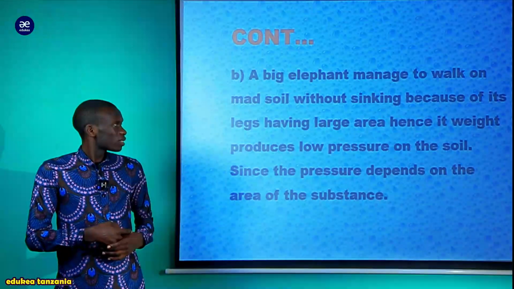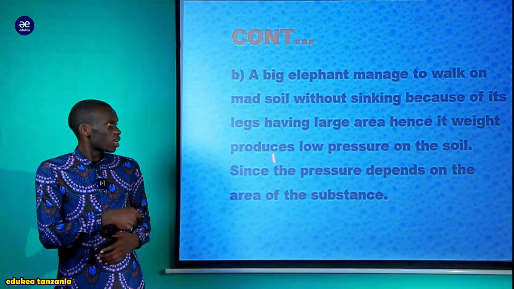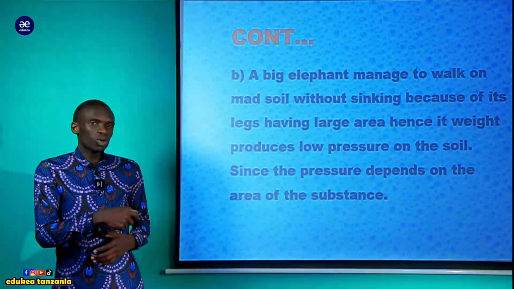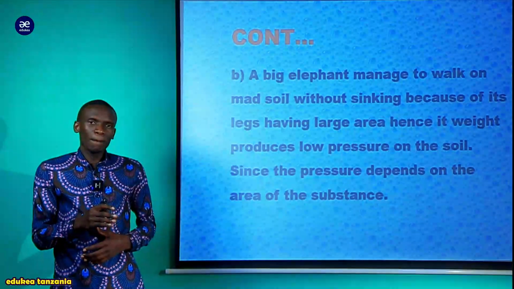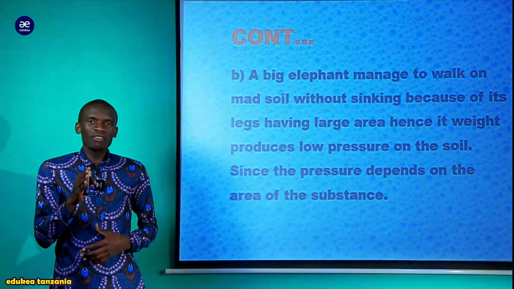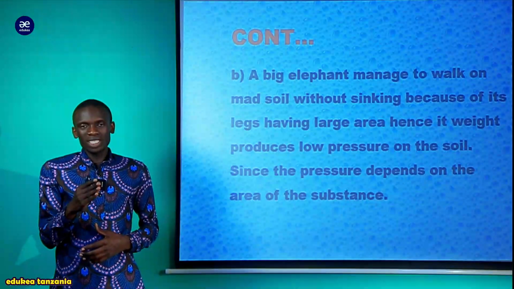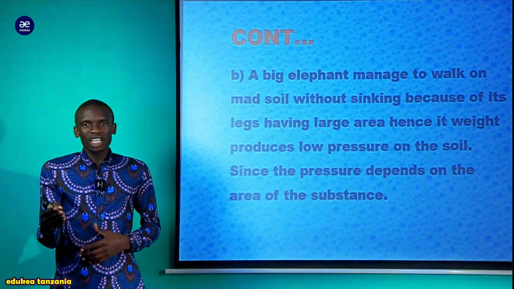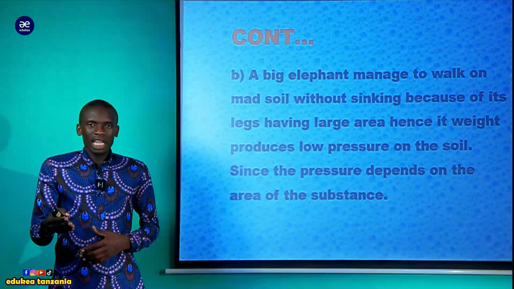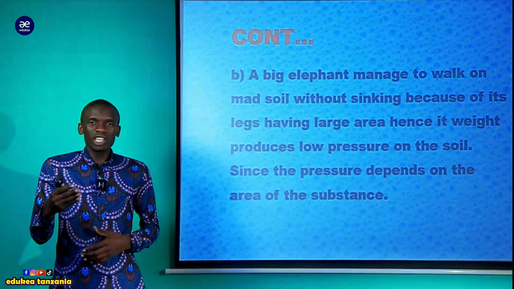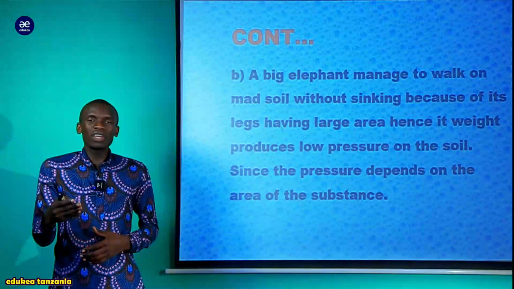After then, wanasema kuna maswali mengi sana ambayo yanahusiana na kipengele hiki, but kitu cha kujua ni kwamba pressure is inversely proportional to area. So if a substance is made wider, it means that it is made to lower the pressure.